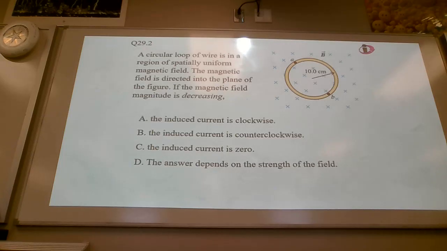All right. I'm going to walk you through this one. This is the Lenz's law thing. You can read it, and then I'll walk you through it. Okay. Just real quick.